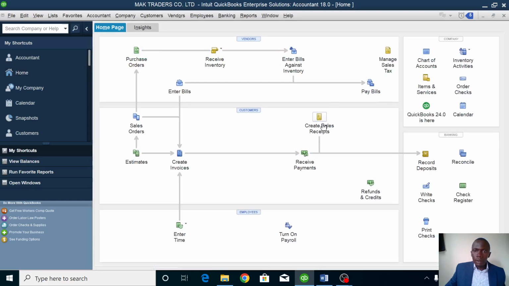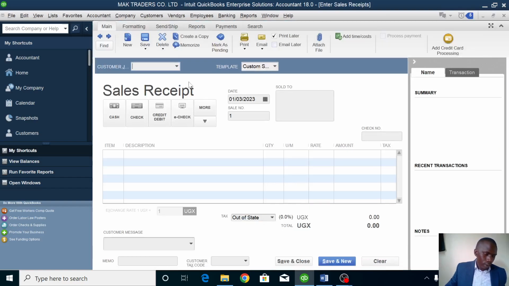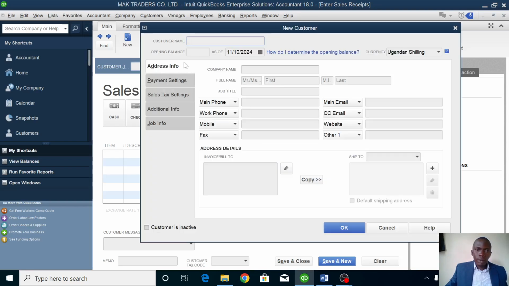So for the cash sales, we go to create sales receipts. They are saying sold 5 motorcycles, but they have not given us the name of the customer, so we let the customer be John.